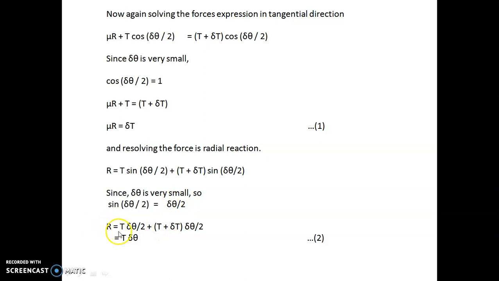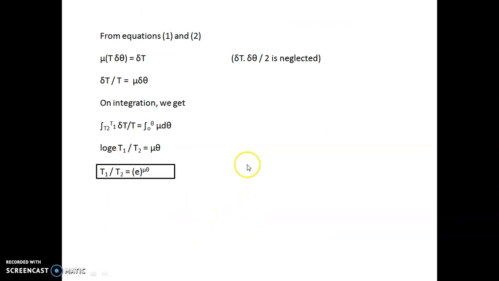So R is equal to T delta theta by 2 plus T plus delta T delta theta by 2. So T delta theta by 2 plus T delta theta by 2 will become T delta theta, and delta T into delta theta, multiplication of two small quantities, so it will be neglected.